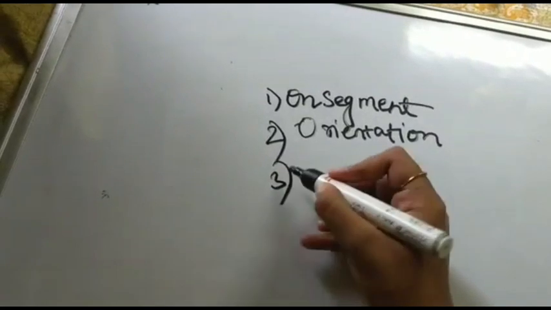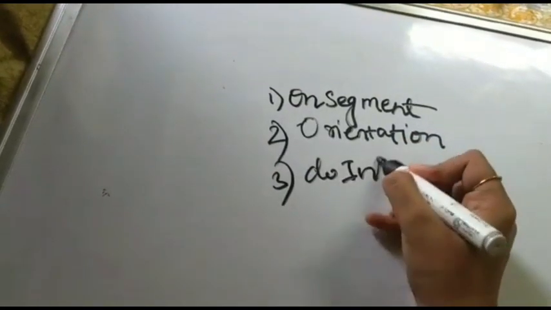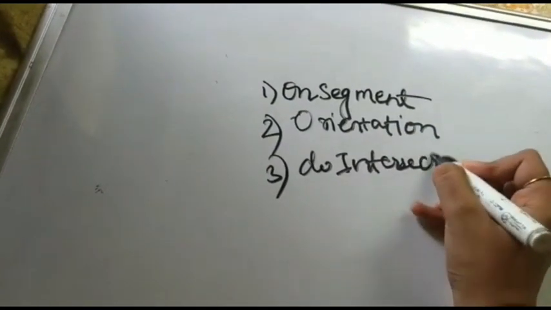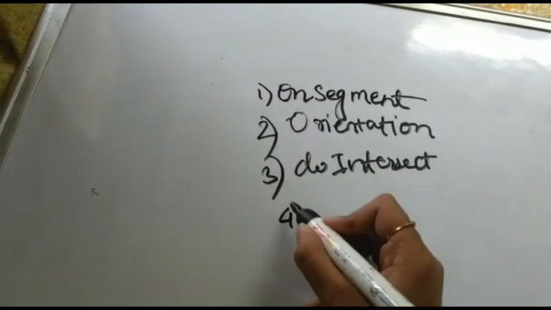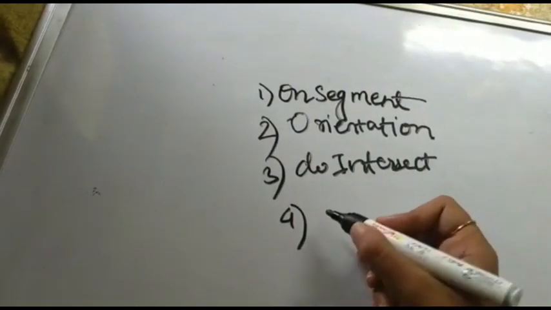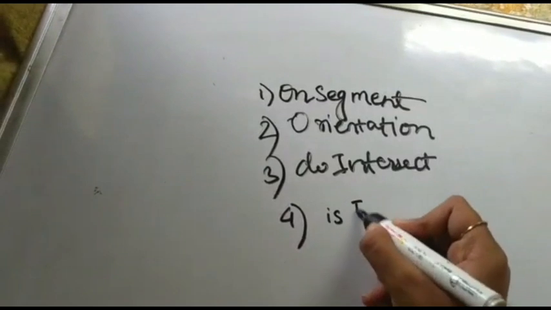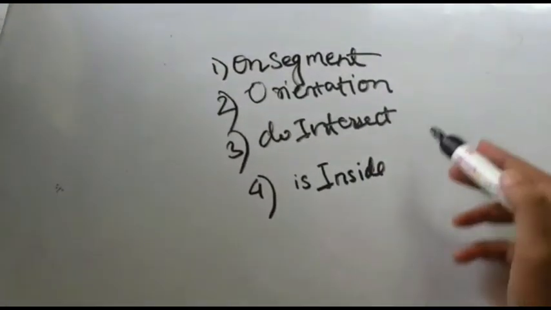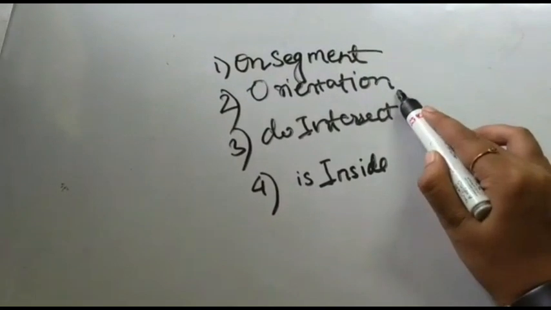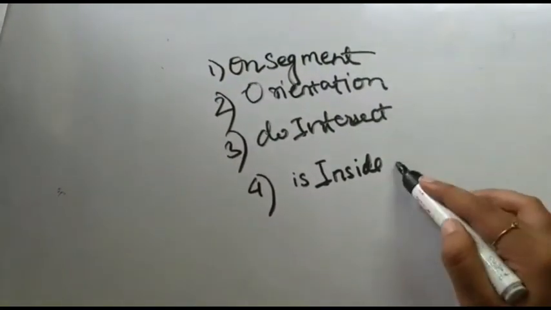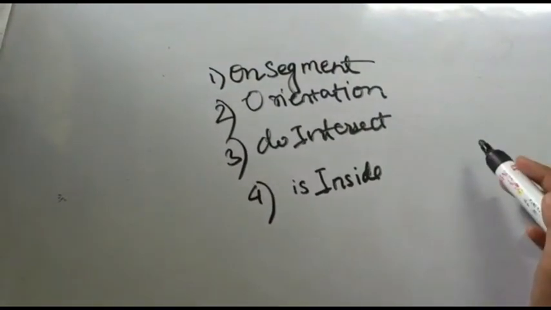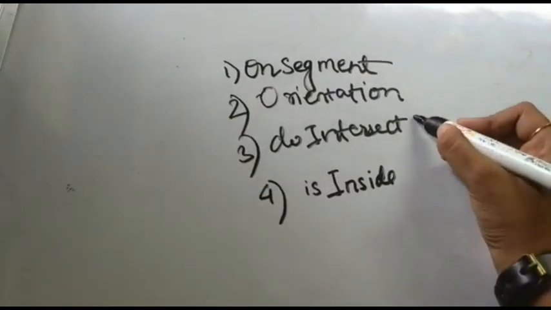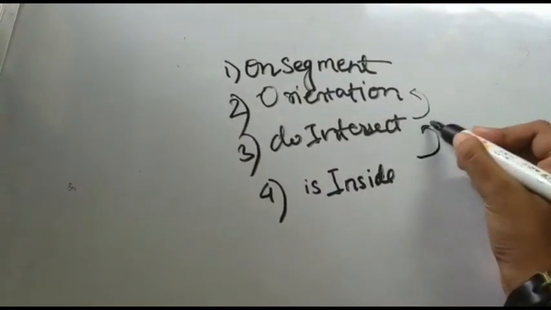The third one, I'm going to name it do intersect, and the fourth one is inside. So we are going to move from on segment to orientation to do intersect to is inside functions step by step, and in each function we are going to call the previous function, right?